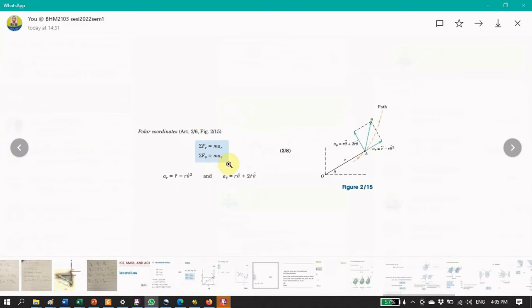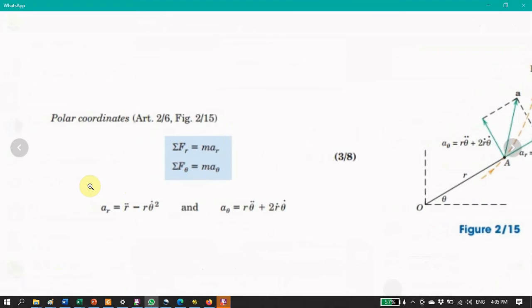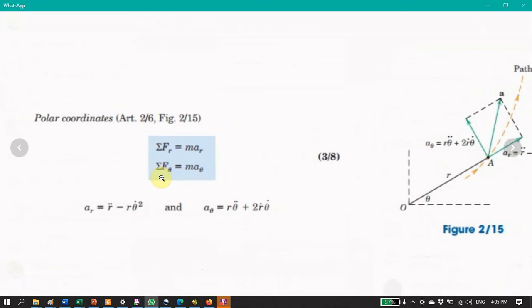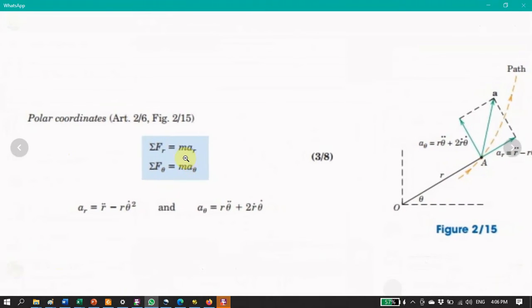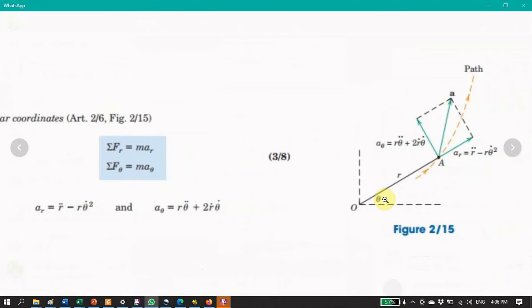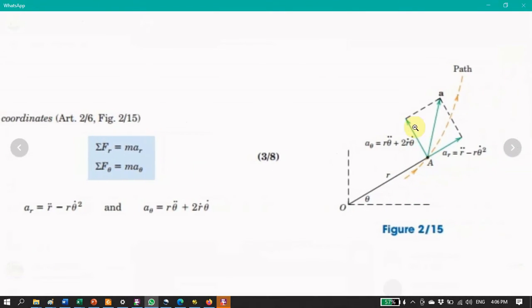Next, we should look at another curvilinear motion, but we represent the motion using the polar coordinate, spherical polar coordinate system. And then we can look at the equation of motion rewritten in this coordinate system. So we have the force acting in the radial direction and the force acting in the angular direction.